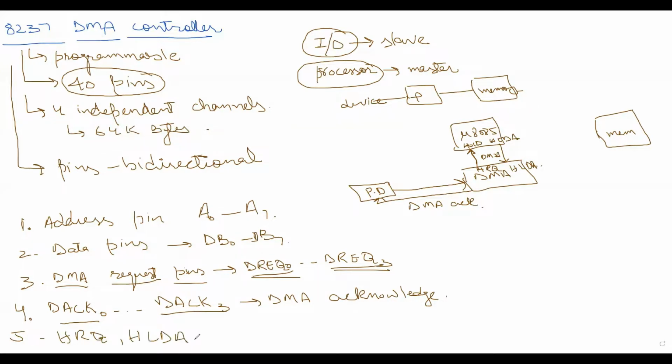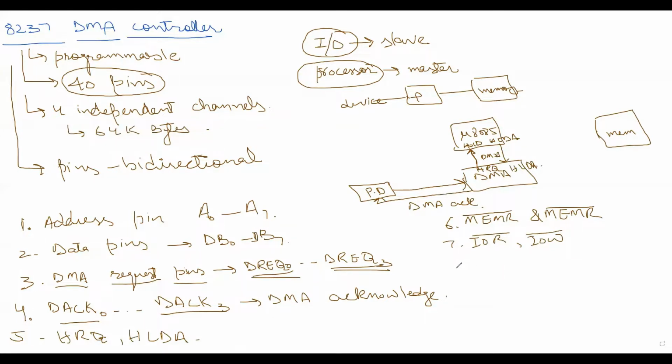The sixth category is the control pins, for example, memory read and memory write. There are also some other pins, input output read and input output write. These are also some of the pins.